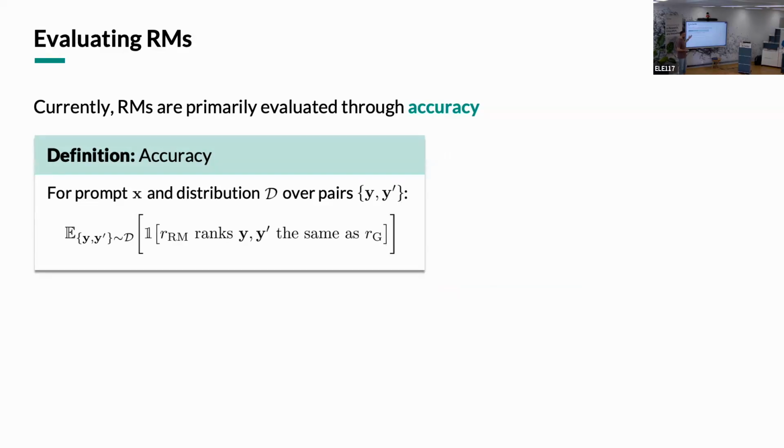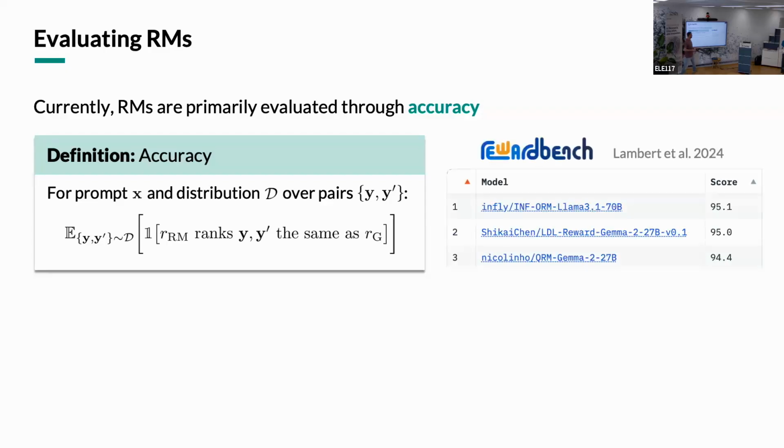In practice, this is just a data set. And indeed, existing benchmarks, the most popular is called RewardBench, measure exactly this. They collect a set of prompts and pairs of responses, and then they give you a list of which reward model is more accurate over their benchmark.